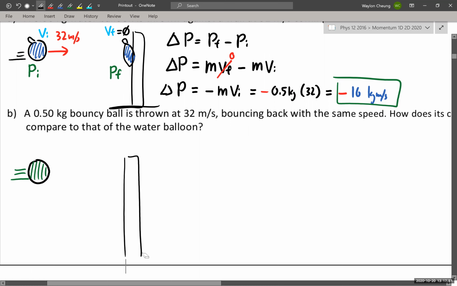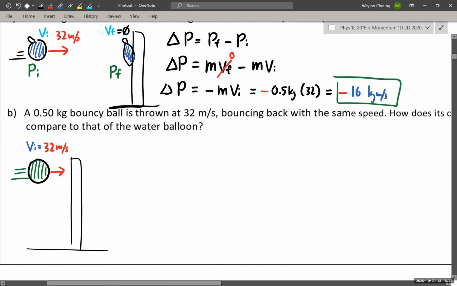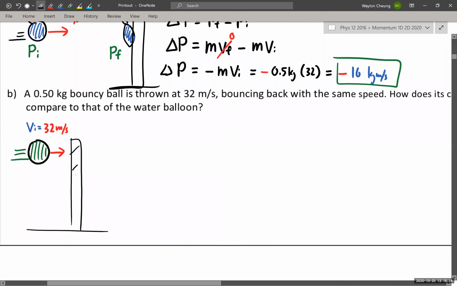Okay. So the situation is you have a wall and the object goes forward, same speed. Let's pick the same speed. So we have initial 32 meters per second, same speed. Okay, but it's a bouncy ball. So instead of sticking onto the wall, it's going to bounce off from the wall.